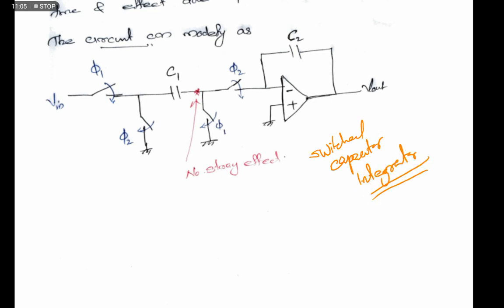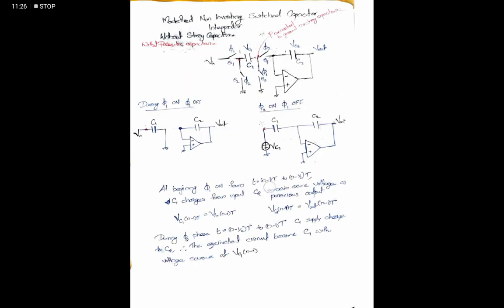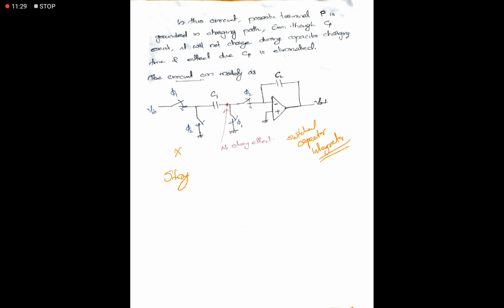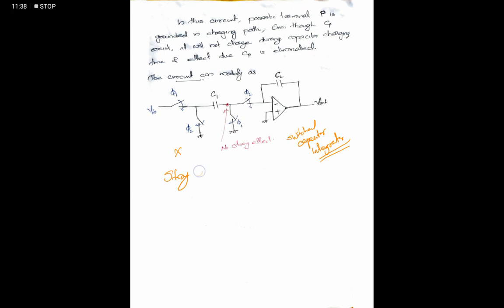Here also we need to verify whether it is an integrator or not, and we need to derive the transfer function of this integrator. In this integrator there is no parasitic capacitance effect, no stray effect.